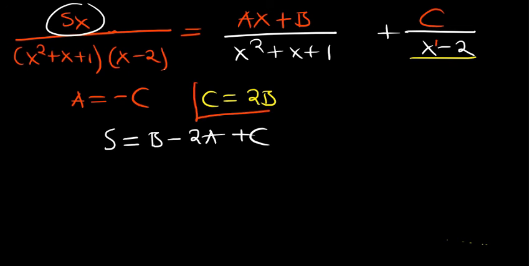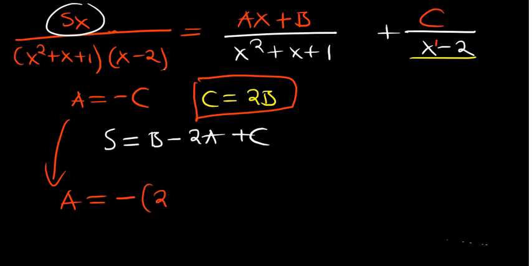So c is already equal to 2b, so c is already in the form of b, so we can make a to be in the form of b. So therefore I can take that one, my a is going to be equal to negative, so my c in terms of b is 2b. So therefore a becomes negative 2b. So therefore this equation becomes 5 is equal to b.